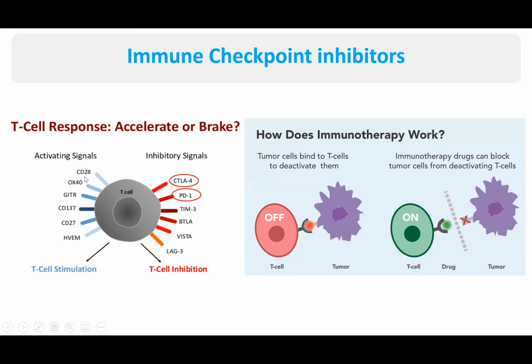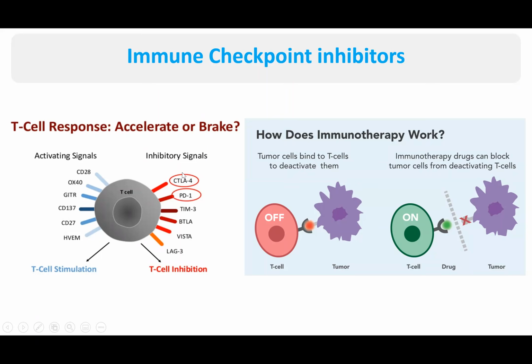So we need to activate this receptor if we want to stimulate the T cells. Also OX40 and other receptors or molecules that make stimulation. If we use an agonist for these receptors, we will stimulate or increase the activity of T cells. And this is what we want, right?